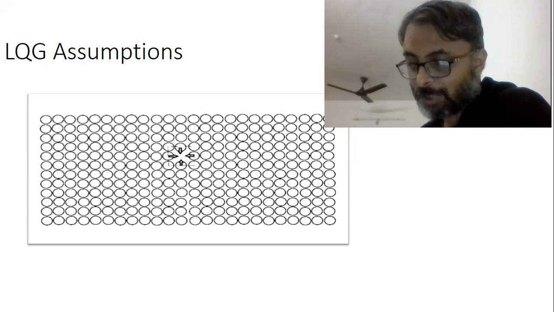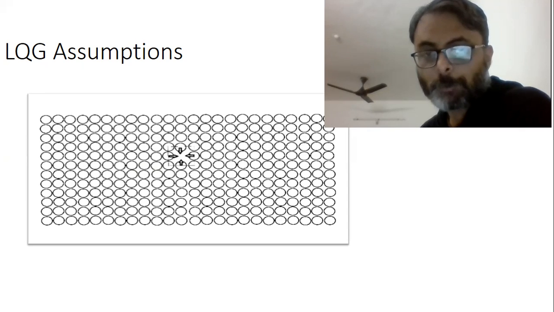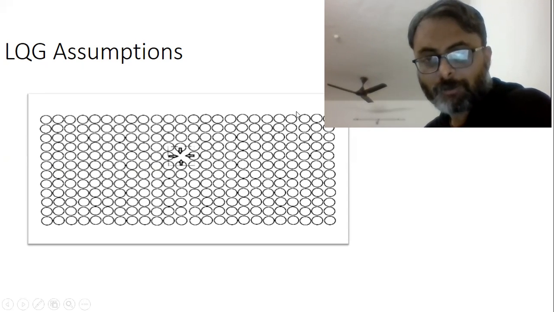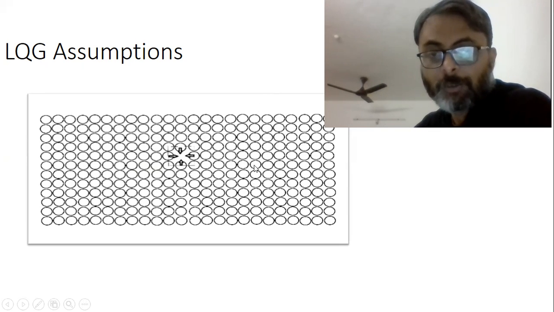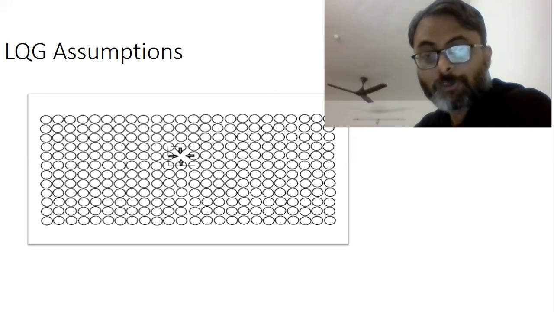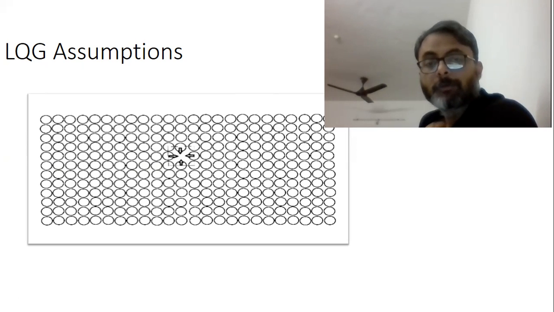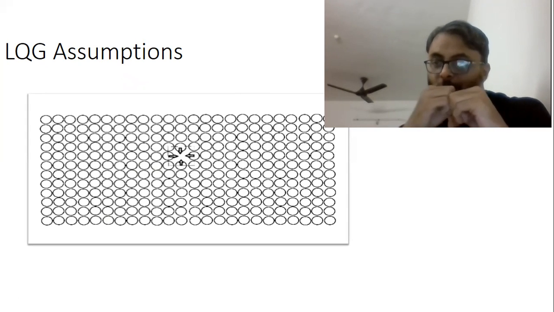Each side of the cube is one Planck length, so that's one Planck volume of space. These are like marbles, and there are some very interesting assumptions because they behave like marbles: if one marble is already in one place, the other marble cannot take its place.